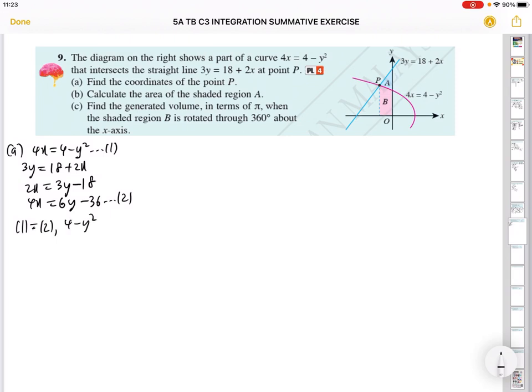Y squared plus 6y minus 40 equals 0. What's the factor here? We should use 10 and 4, plus and minus, right? So y is now more than 0. You can see here the coordinate point P, the y value is above the x-axis, so it's positive. So y has to be 4.